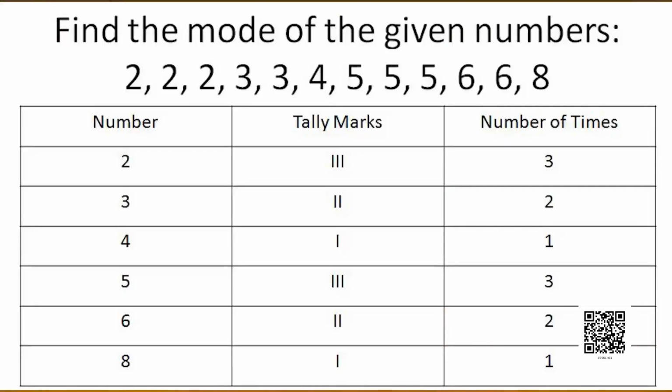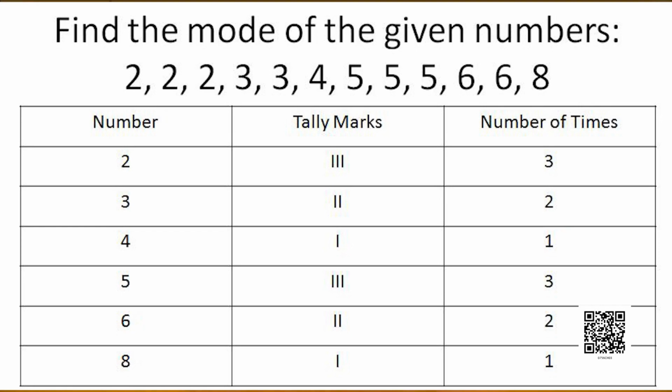To do it, I would suggest you can arrange the data in tabular form, and then put tally marks. Suppose you have 10 observations written in a tabular form, and you can see tally marks corresponding to that number, just before that number.